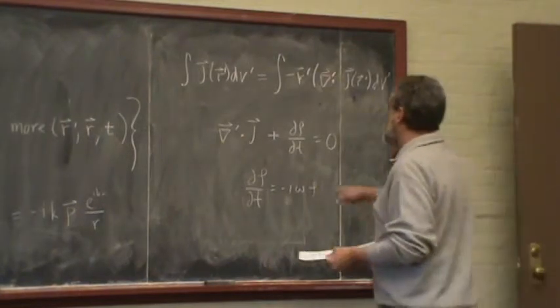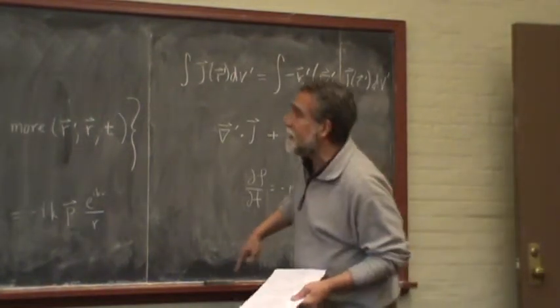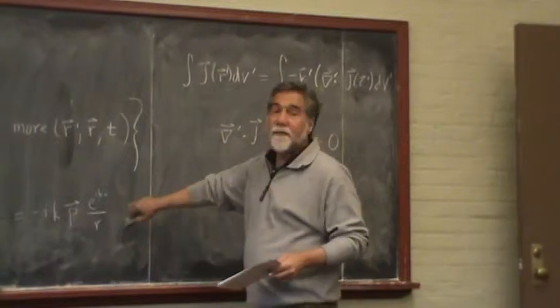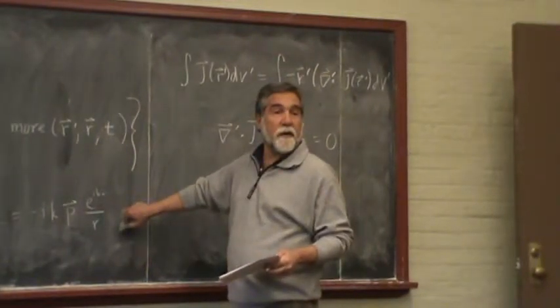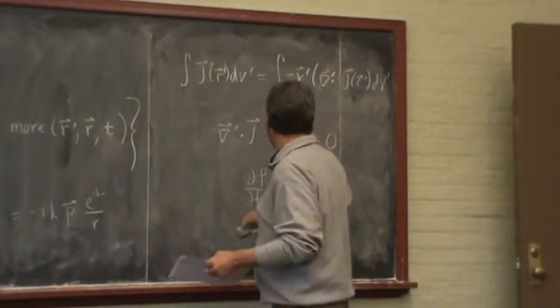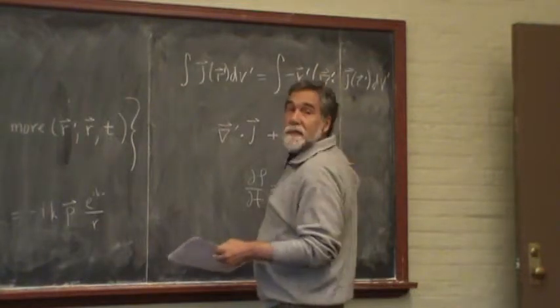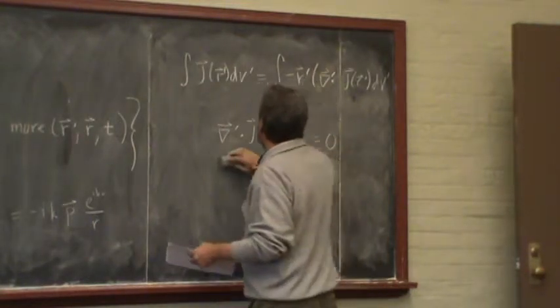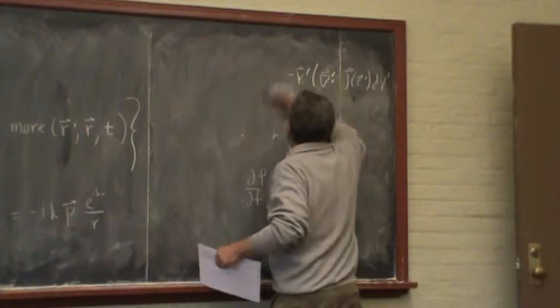So the actual fields that come out of that, I think that I have probably erased the forms. That's the vector potential. Now I want the fields from that vector potential. I'm going to use this trick again, but I'm going to erase it and just remind you that I'm using it again.